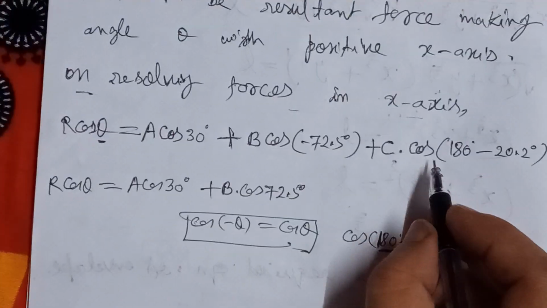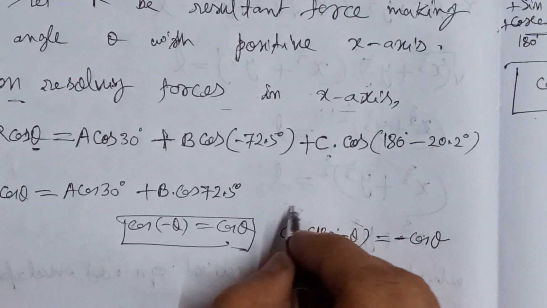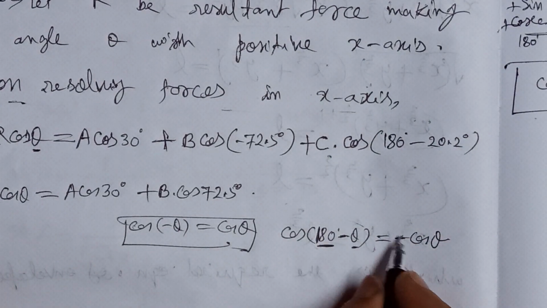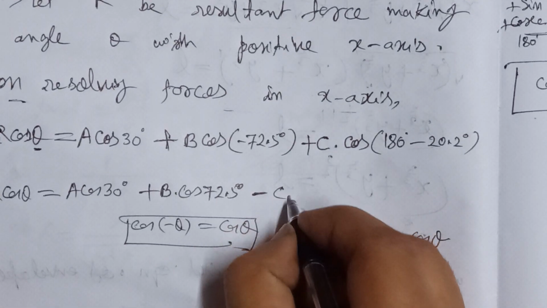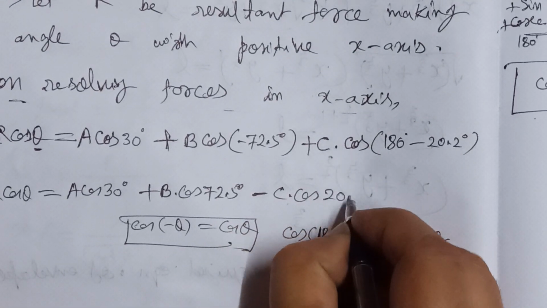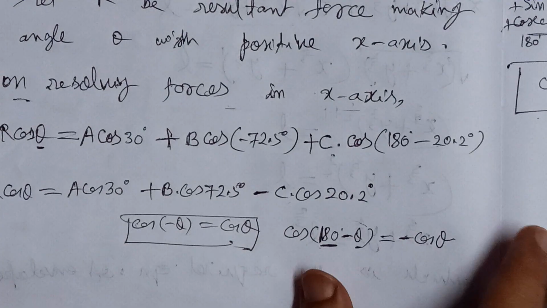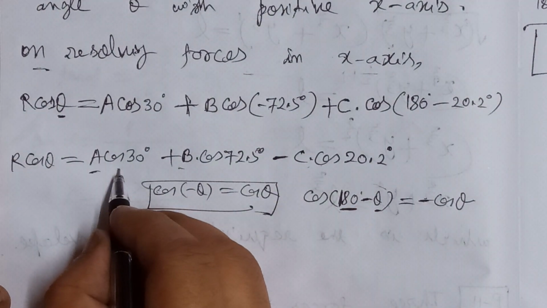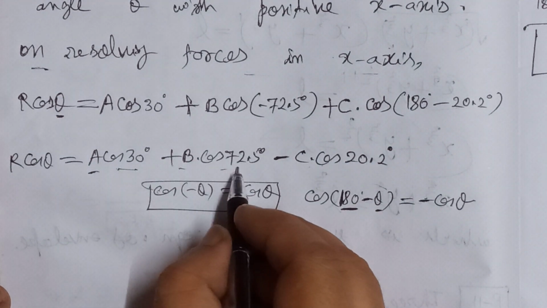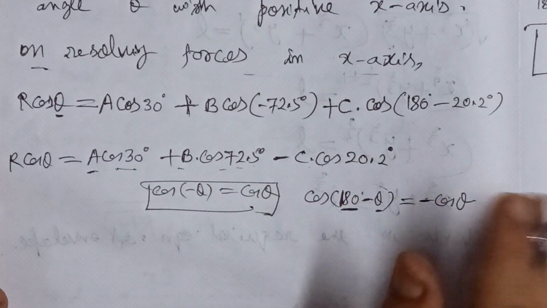So I write this value as minus C into cos 20.2 degrees. Now put the values of A, B, C and cos 30, cos 72.5 degrees and so on.